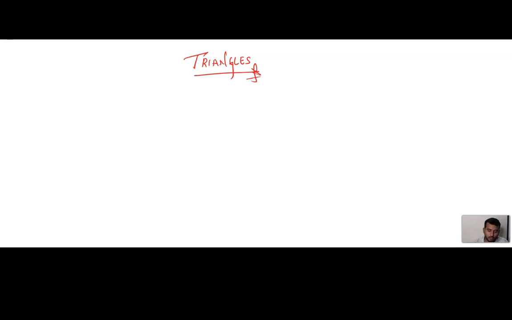Dear students, today we are going to continue the chapter of class 10th mathematics, that is triangles. As you all know, in the previous class we completed the basics: what is a triangle, what is similarity, and what are the conditions of similarity of triangles. Later, in the next session, we completed some basic numericals related to similarity of triangles, and then we discussed what BPT is, the statement of BPT, and the converse of BPT.